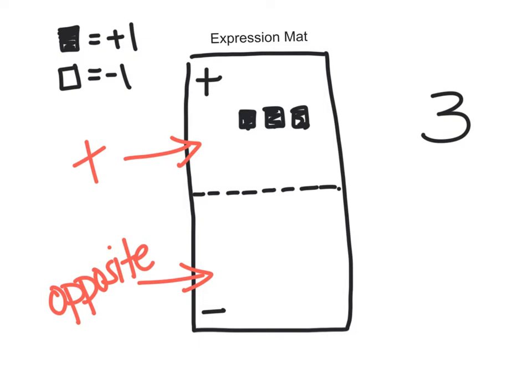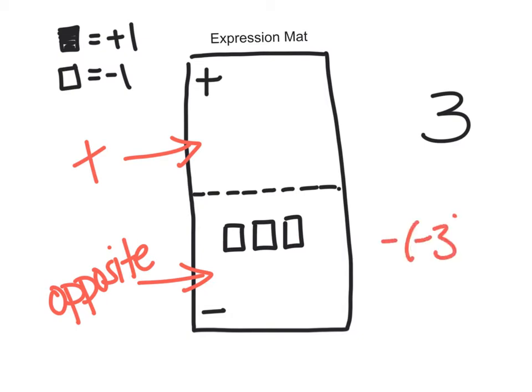Another way that we could show that is to build 3 negative tiles in the opposite region. So this is like -1, -2, -3, but they're in the opposite region. So it's the opposite of -3, which we know the opposite of -3 is just 3.